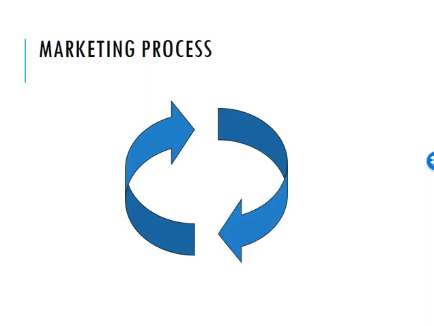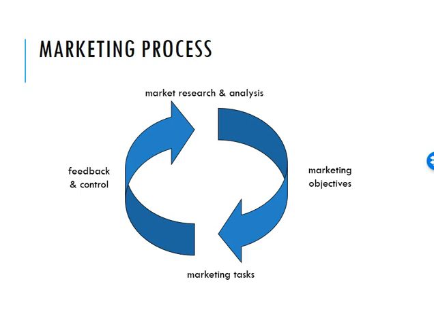As we talk about marketing as a process, we start up here at the top with marketing research and analysis. And that harkens back to the first definition of marketing that talks about identifying consumer needs. We do that through the marketing research process or through analyzing data from the consumer or from the market that we have at our disposal to understand the customer better.